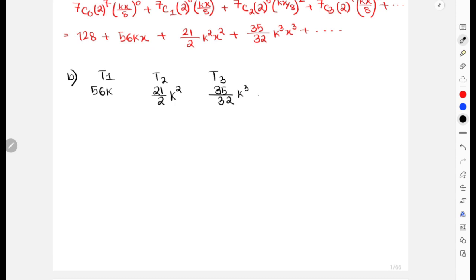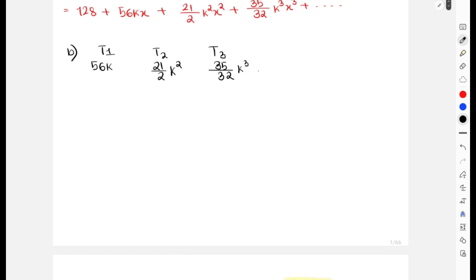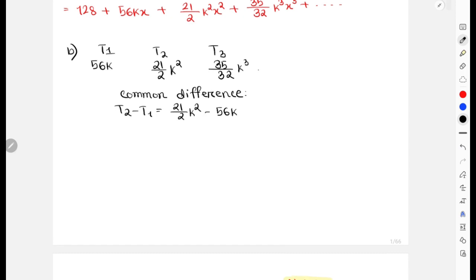Now it was already stated they are the first three terms of an arithmetic progression. So for arithmetic progression, I know they have a common difference. So using that case of common difference, I can get T2 minus T1, which is 21 over 2 k square minus 56k.